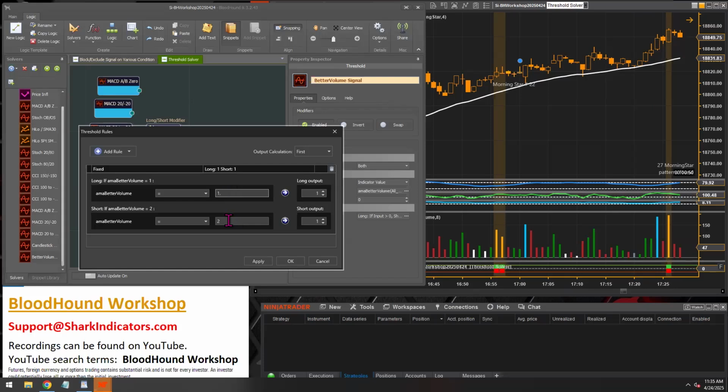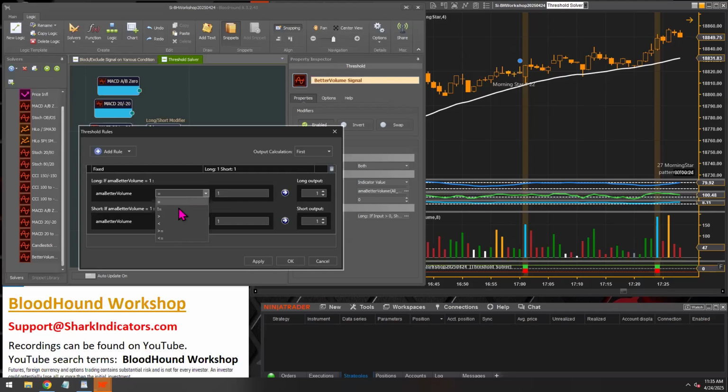And let's see what 1 does. There we go. So 1 identifies the cyan bars there, right? And you'll notice this time I'm actually using the equal symbol.